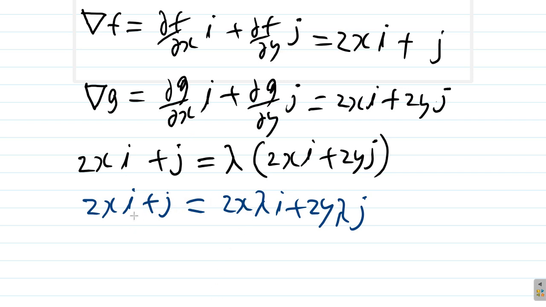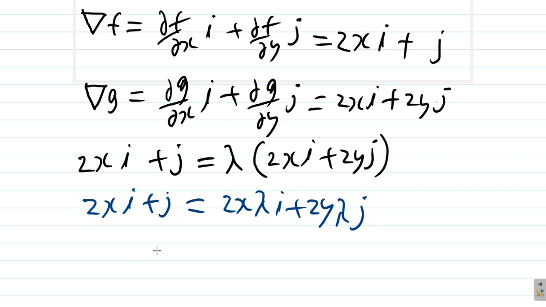So, all we're going to do is equate the coefficients of I and j. So, this 2x would be equal to the 2x lambda, right?